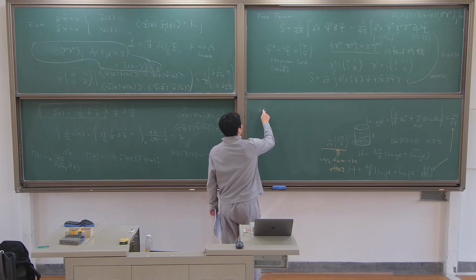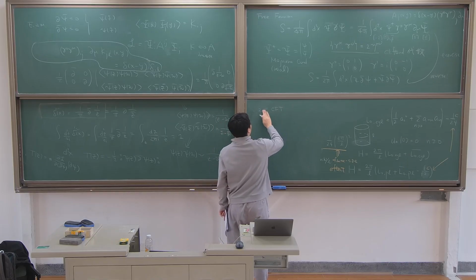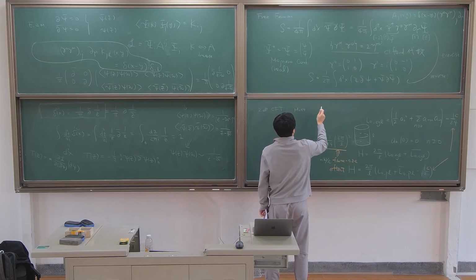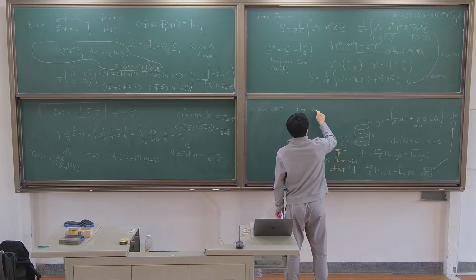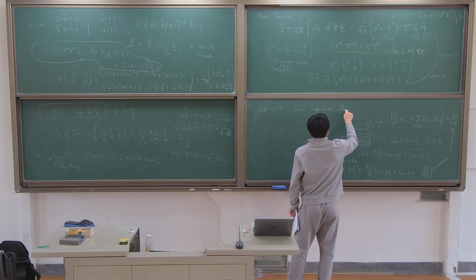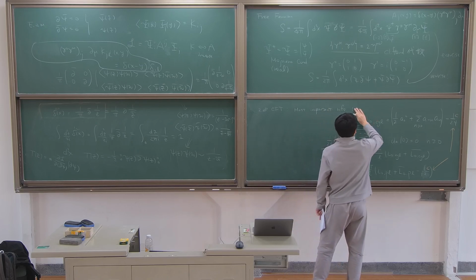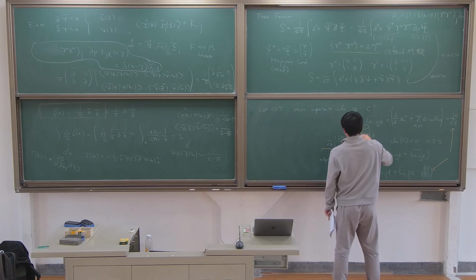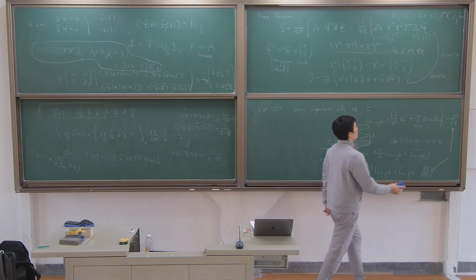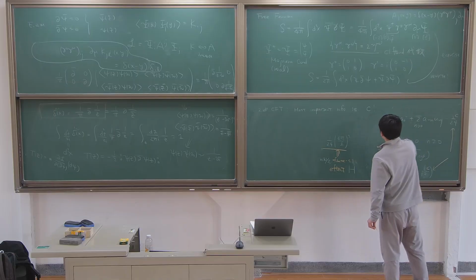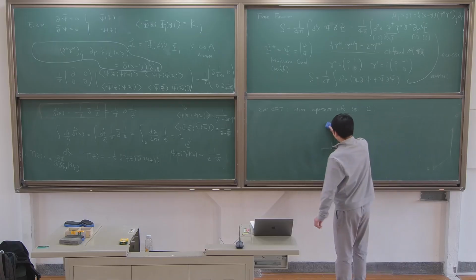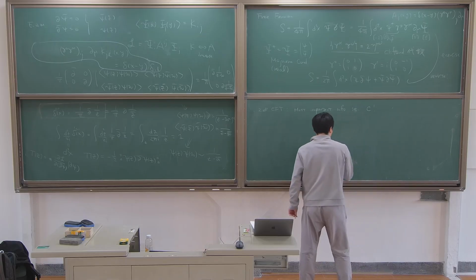In 2D CFT, given a 2D CFT, the most important information is the central charge. Okay. So this is the most important.